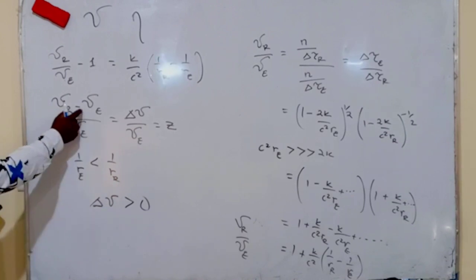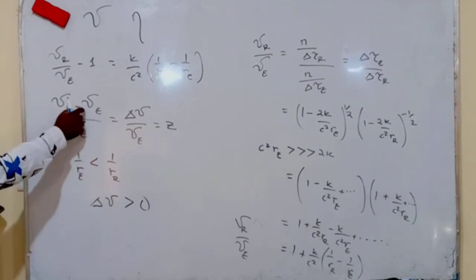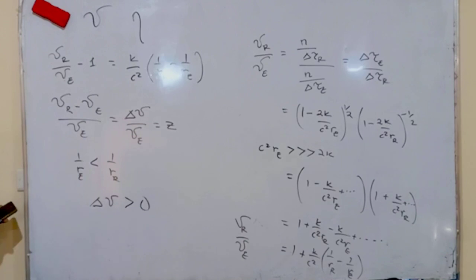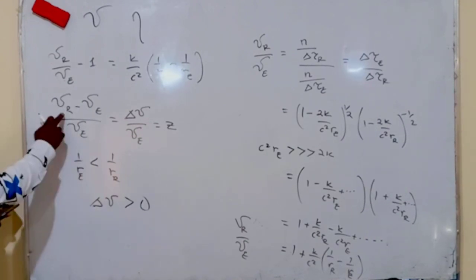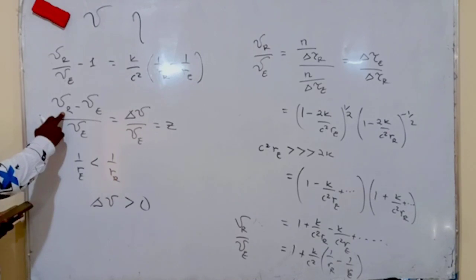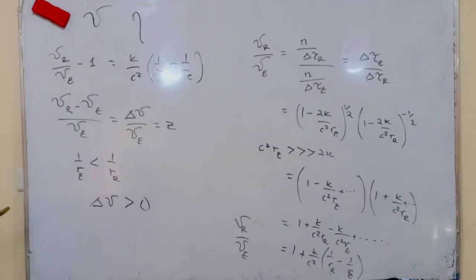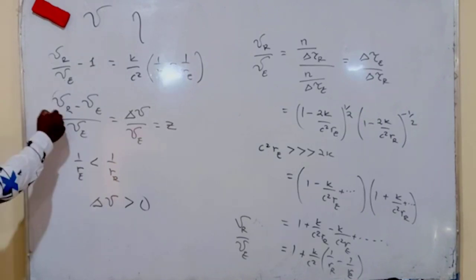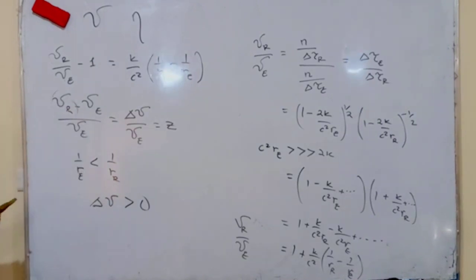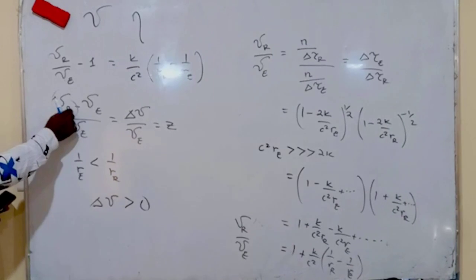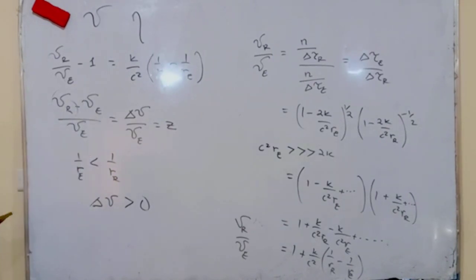If this one is greater than 0, is the frequency of the receiver more than the frequency of emission, is that not? If this is greater than 0, then the frequency of reception is greater than the frequency of emission.